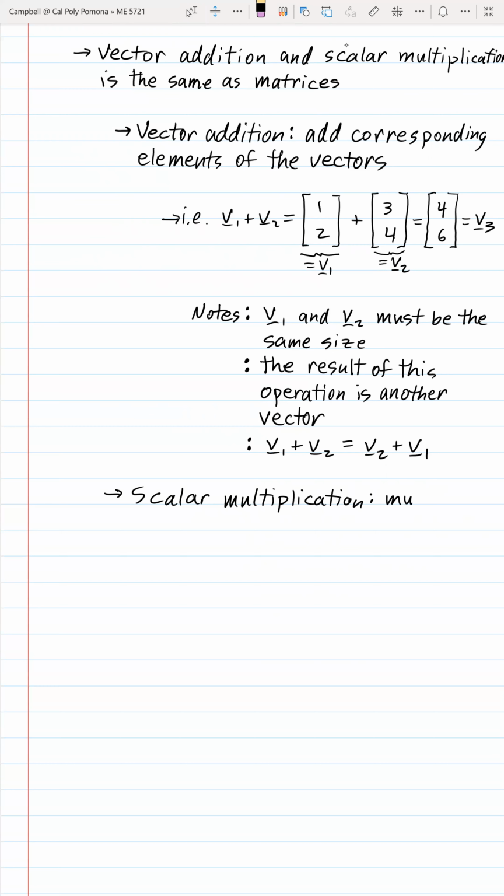So we just go ahead and multiply all the vector elements, or entries if you prefer, by the same scalar.